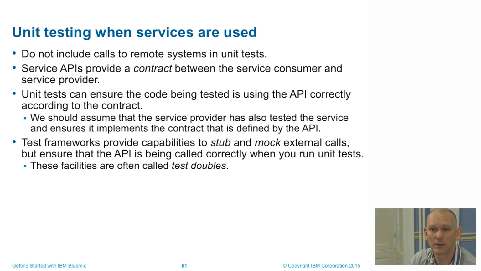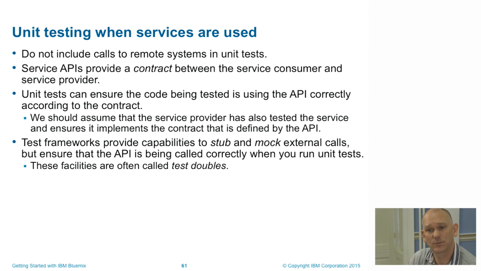As a consumer, you are going to write code to that contract, that API contract. And when you unit test, what you need to do is just test your code is sticking to that contract. So I don't care about whether the call works or not. I'm just checking that I use the API. I stick to the contract.